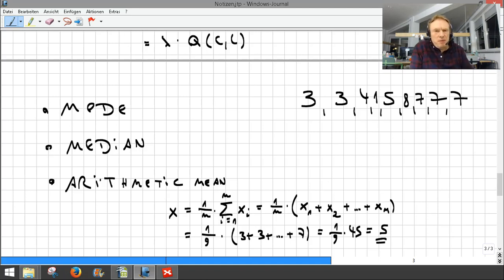So the arithmetic mean, the mean, to put it this way, of those numbers is equal to 5.